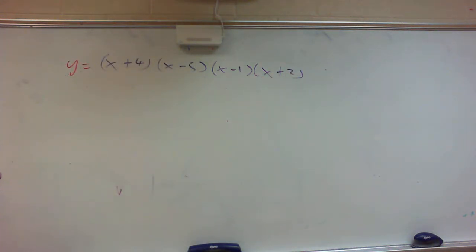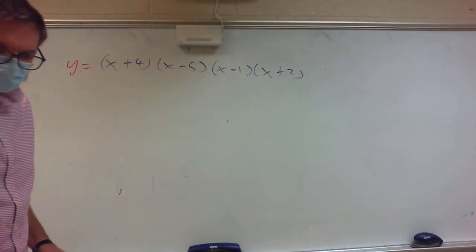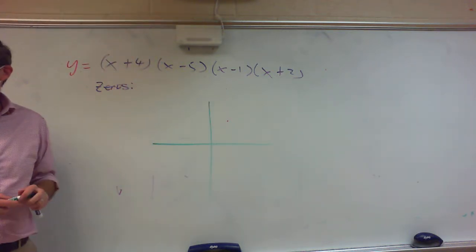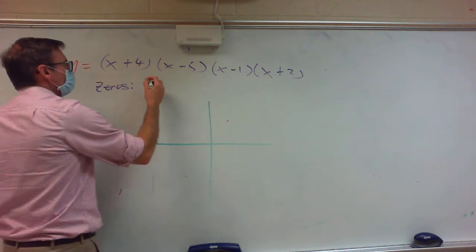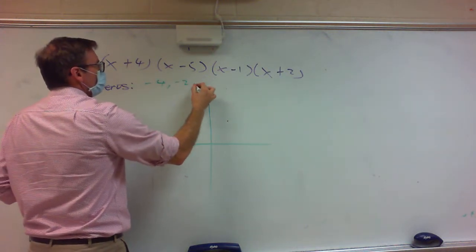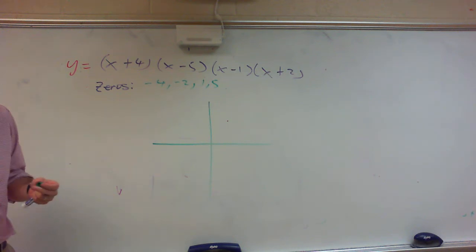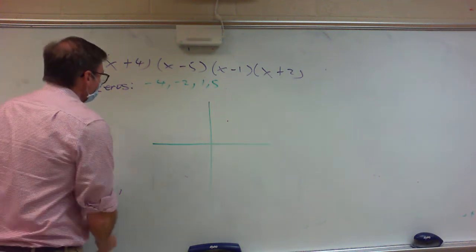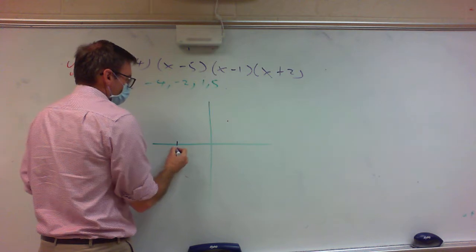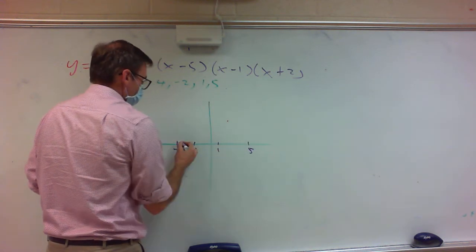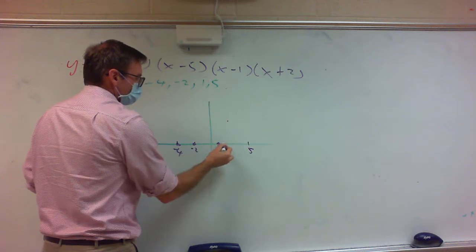I want a graph of this. So what are my zeros? -4, -2, 1, 5. Everybody okay with that? And so if those are my zeros, I'm going to plot those on my graph. So let's see, here's -4, here's -2, here's 1, and here's 5. And I'll go ahead and put my dots here.